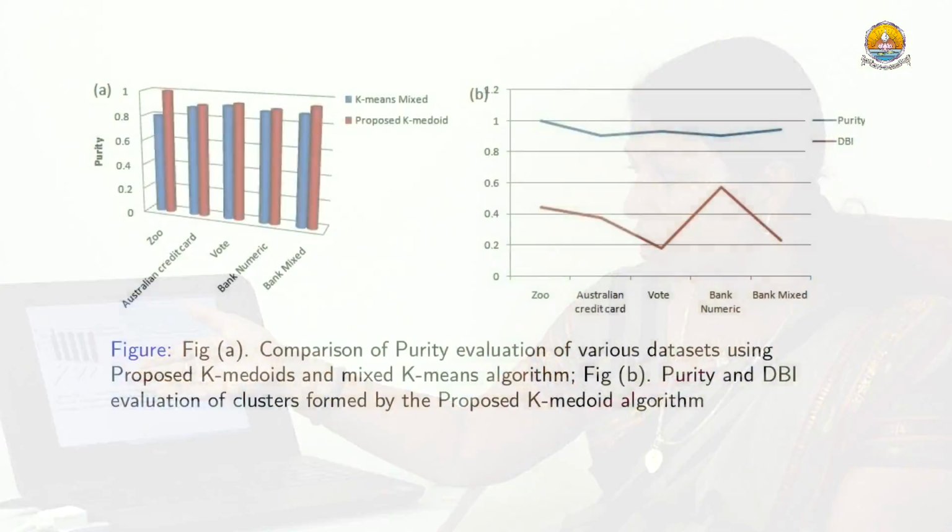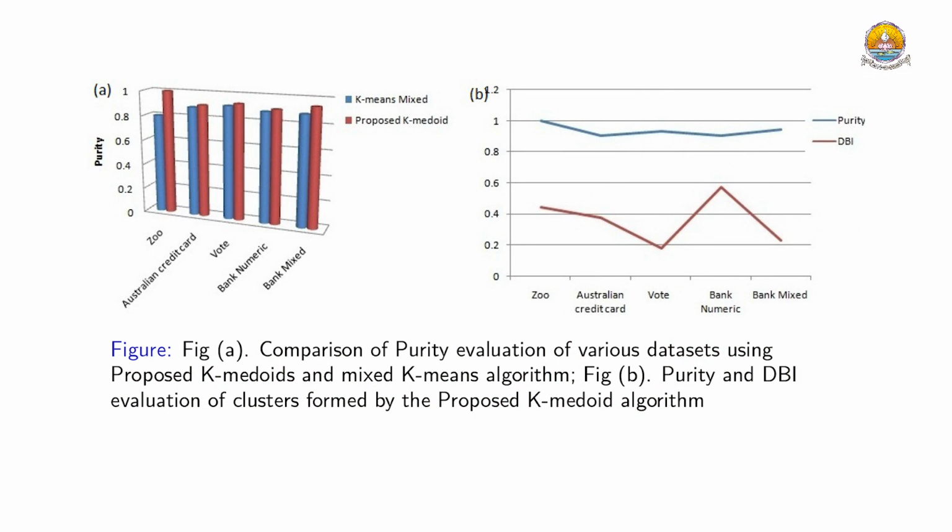I will also show one more. These were the datasets like zoo and Australian credit card, which I already showed, but we also compared with the vote dataset, bank mixer, as well as bank numeric. These two charts show us the purity as well as the DBI comparison. We can find that purity is always higher in our case, and DBI, though not very low, is on the lower side.